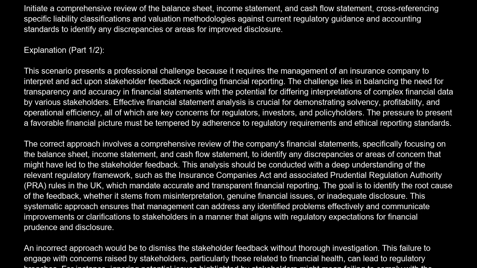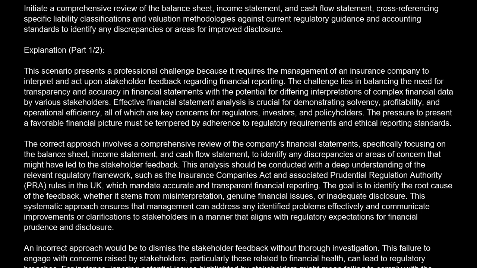The goal is to identify the root cause of the feedback, whether it stems from misinterpretation, genuine financial issues, or inadequate disclosure. This systematic approach ensures that management can address any identified problems effectively and communicate improvements or clarifications to stakeholders in a manner that aligns with regulatory expectations for financial prudence and disclosure.